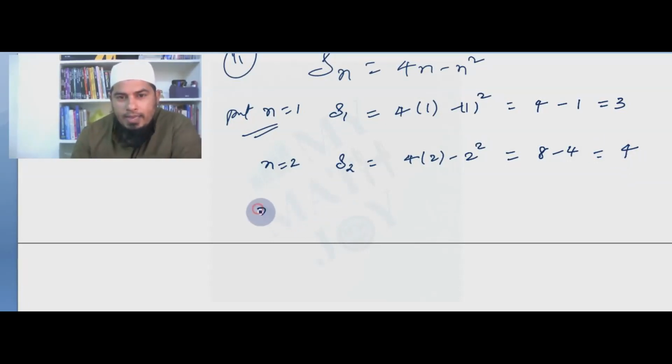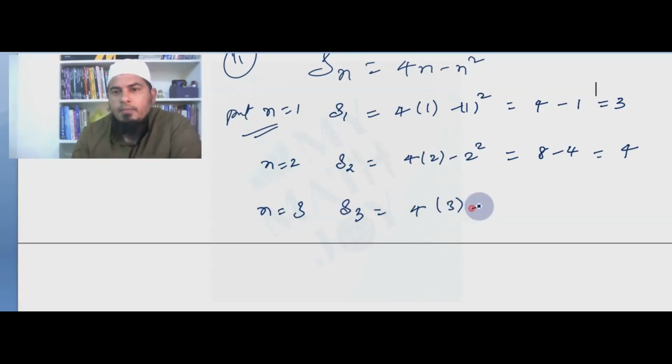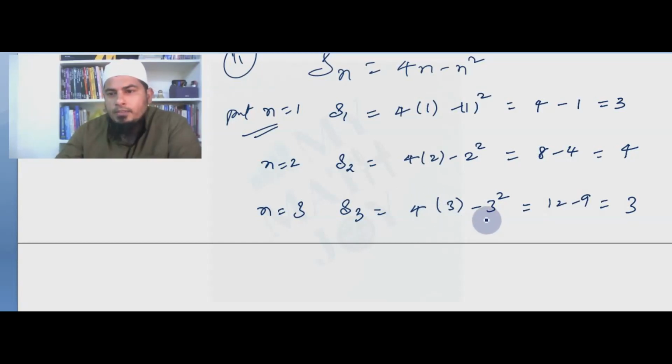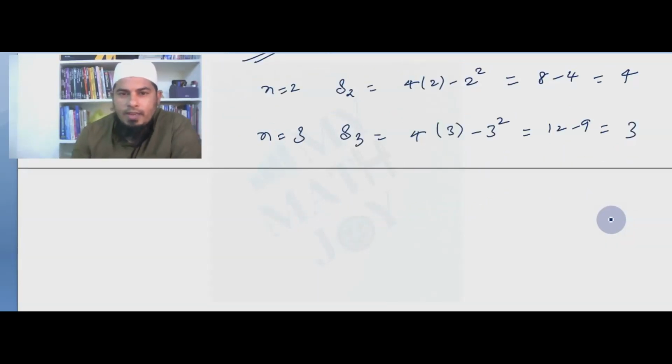And if you keep n is equal to 3, what happens? S3 is equal to 4 times 3 minus 3 whole square, you'll get 12 minus 9, you got a 3 here. Oh wow, what a nice. Got it. S1 is 3, S3 is 3.